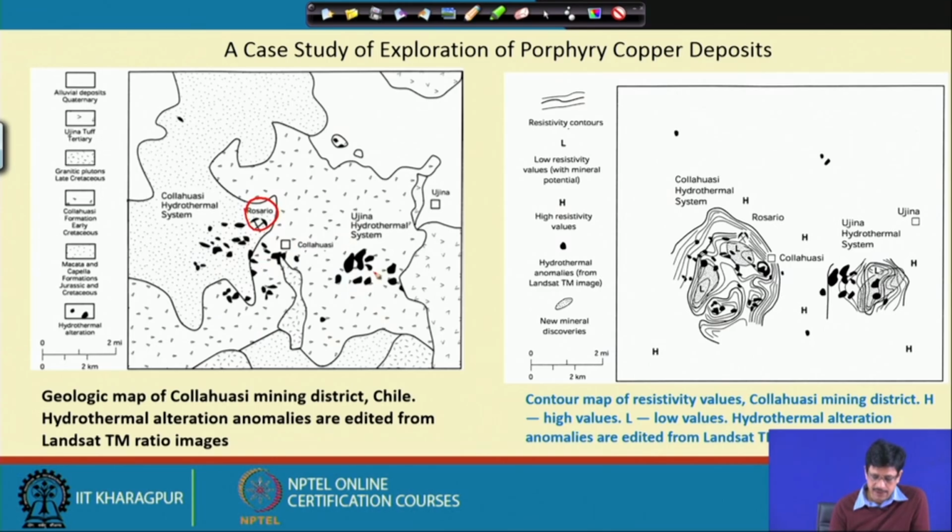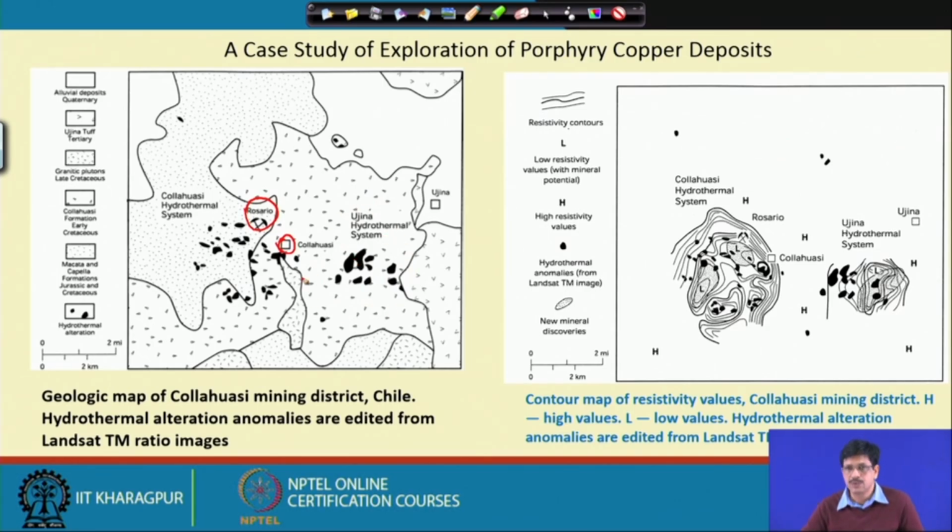Such hydrothermal alteration features would always indicate that there was a hydrothermal system which was active. So, two such hydrothermal systems were identified here. This is the Rosario hydrothermal system, and this is the area of the Collahuasi mining district, which was not previously known to contain any porphyry copper deposit.